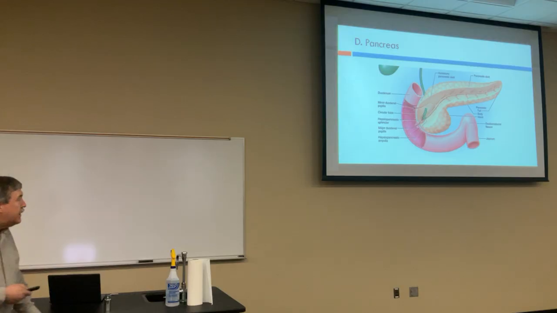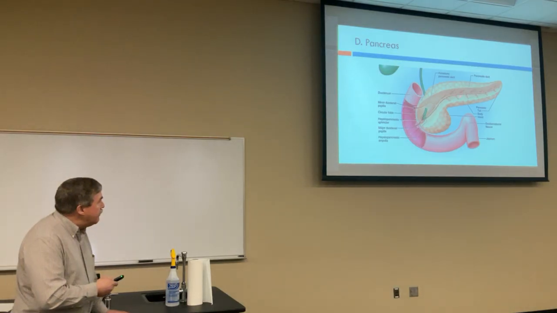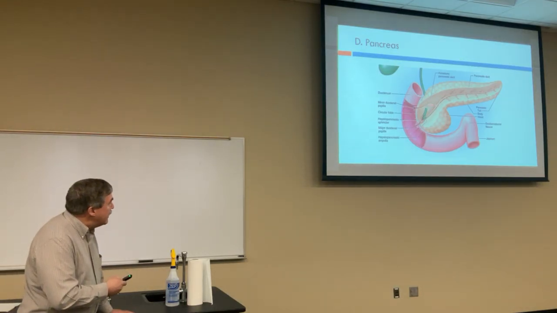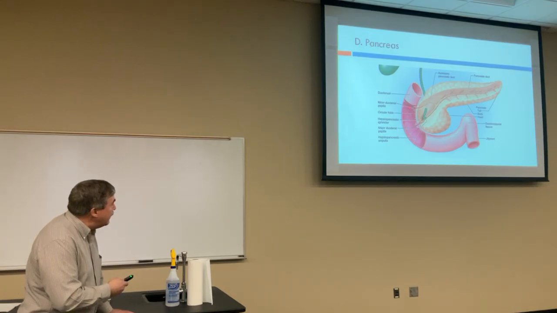Okay. Now, in some people, there is a secondary or accessory pancreatic duct. And in some people, that accessory pancreatic duct has an opening into the small intestine, into the duodenum.